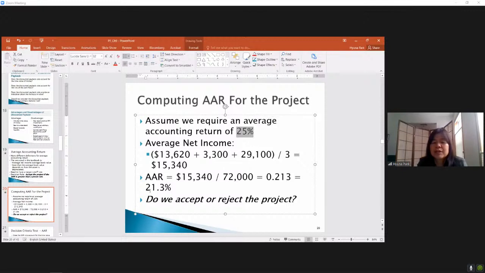This project will generate only 21.3%, so we reject the project because it is not generating enough return. That's how to use average accounting return for capital budgeting decisions. Any questions so far? No? Okay, let's move on.